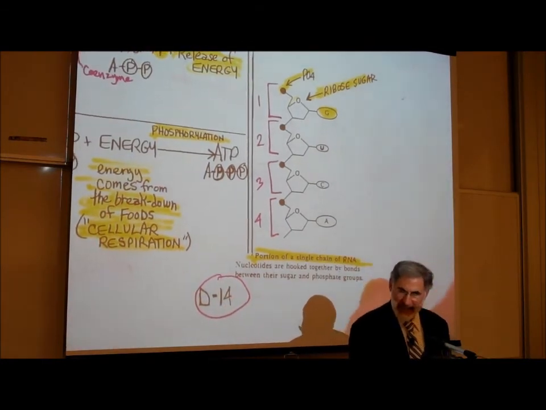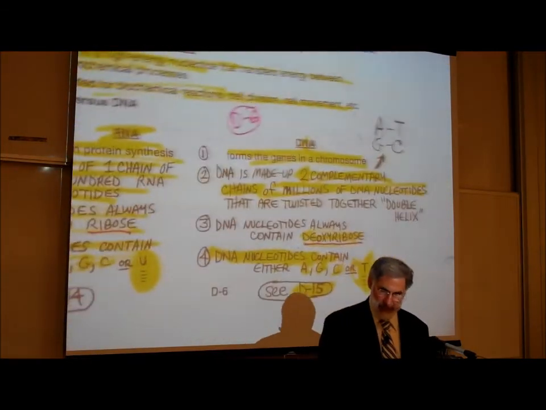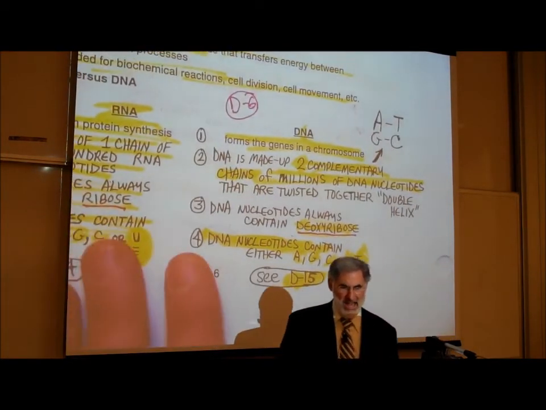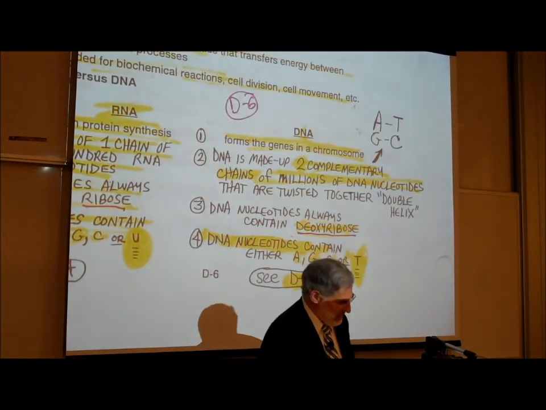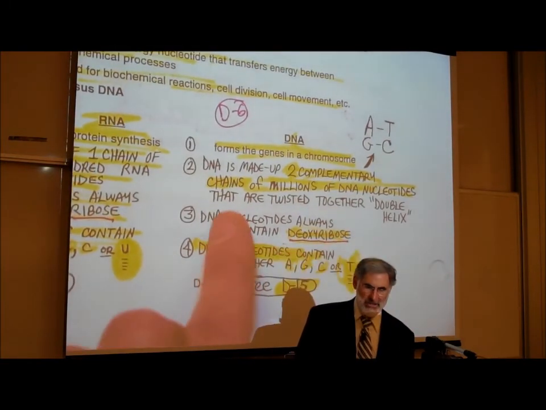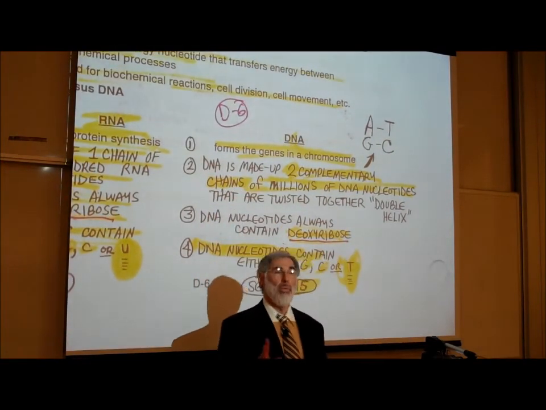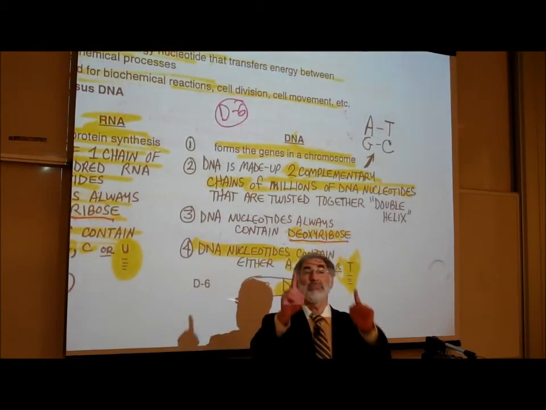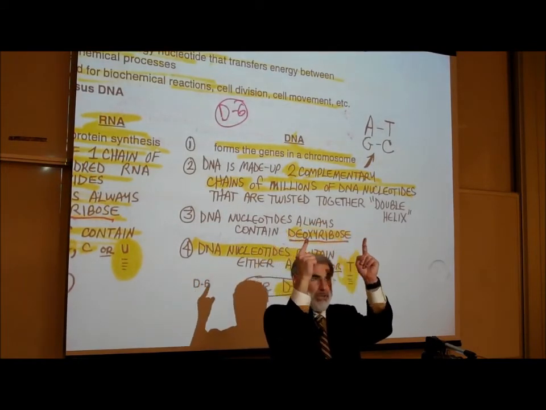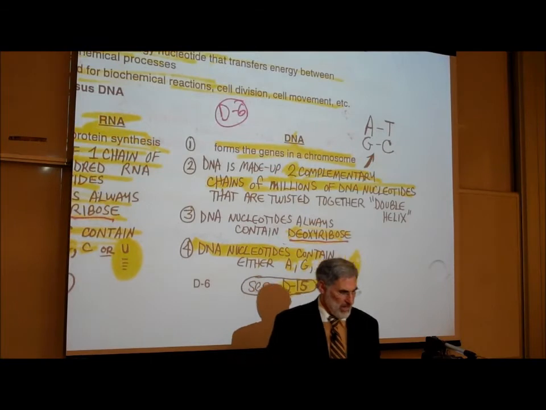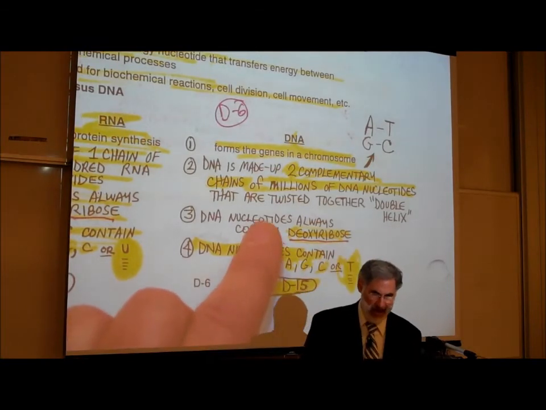Let's talk about DNA. All right, now DNA is more complex than RNA. Each DNA is made up of not one chain of nucleotides, but two complementary chains of DNA nucleotides.